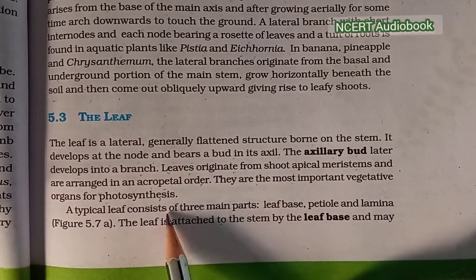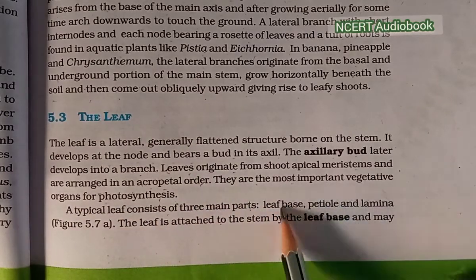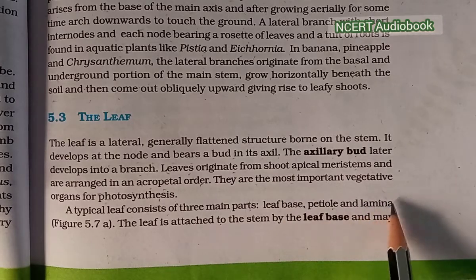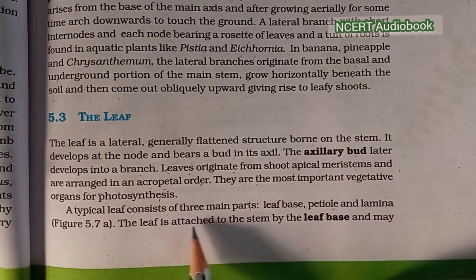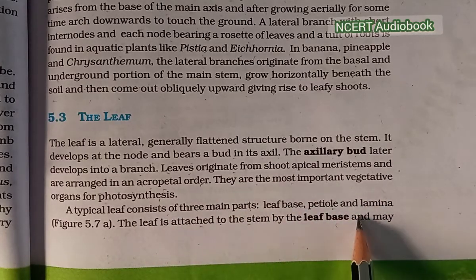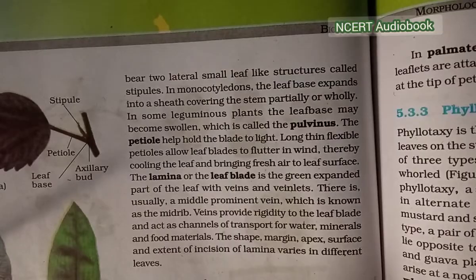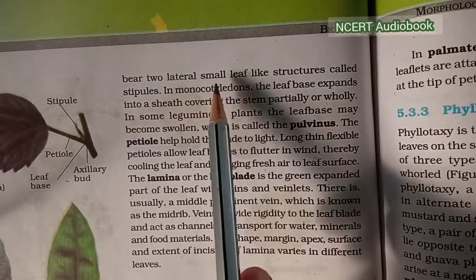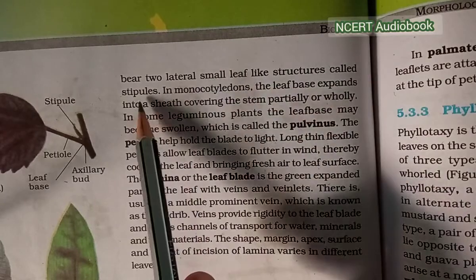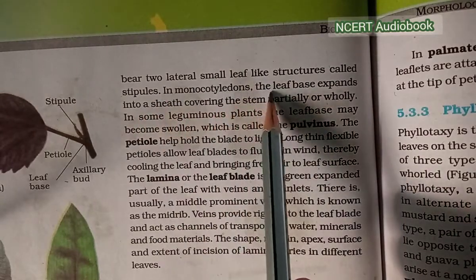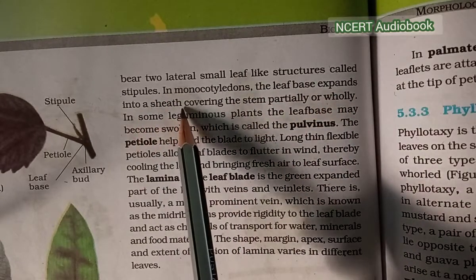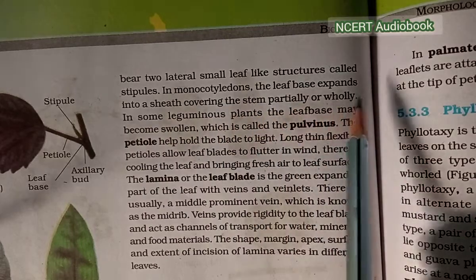A typical leaf consists of three main parts: leaf base, petiole and lamina. The leaf is attached to the stem by the leaf base and may bear two lateral small leaf-like structures called stipules. In monocotyledons, the leaf base expands into a sheath covering the stem partially or wholly.